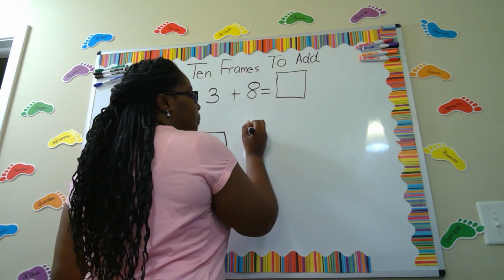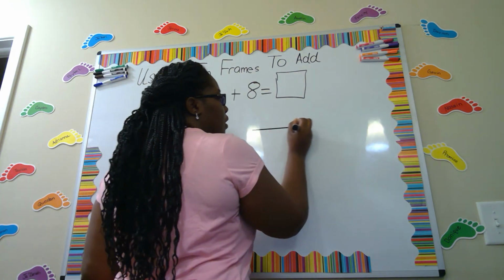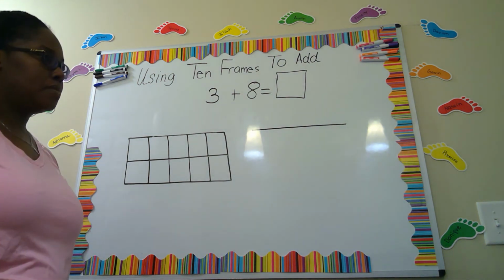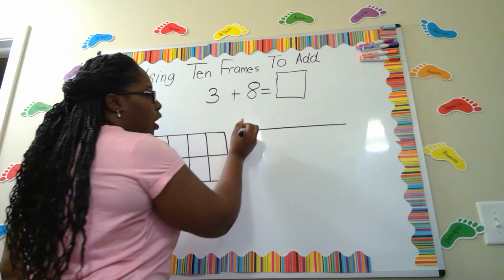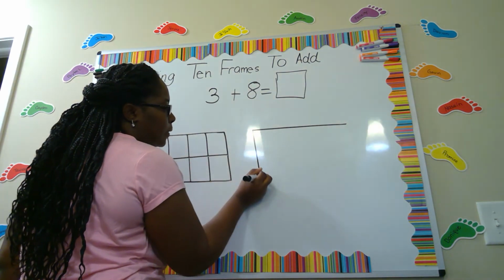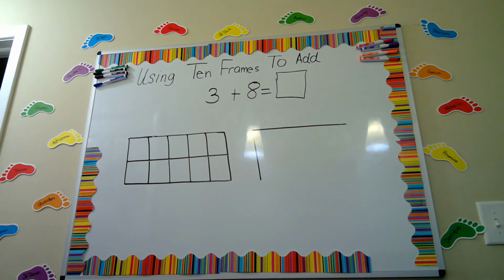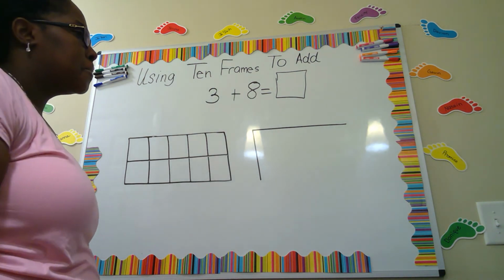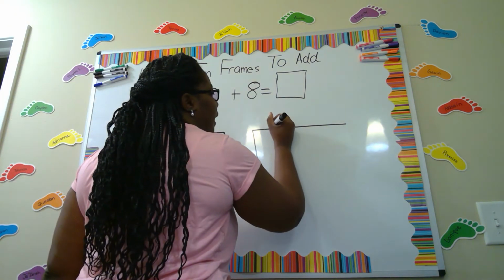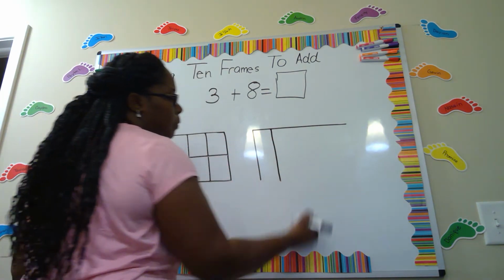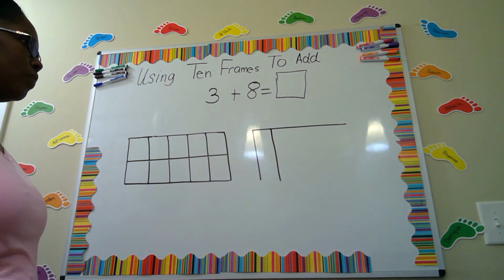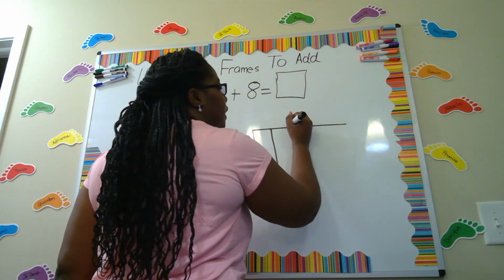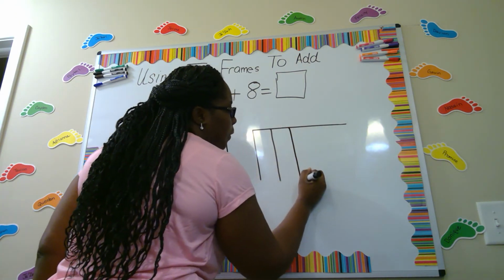Let's do our next one. Draw a line across. Draw a line down on the left side. That's our first line down. Use 3 fingers and draw a line down again. So that's 1, 2 lines drawn down. Use 3 fingers again. Draw another line down.